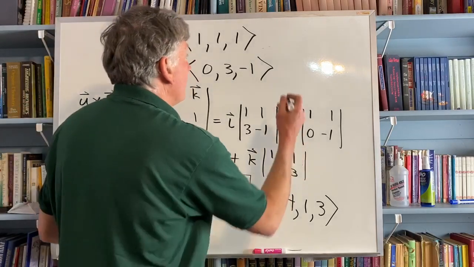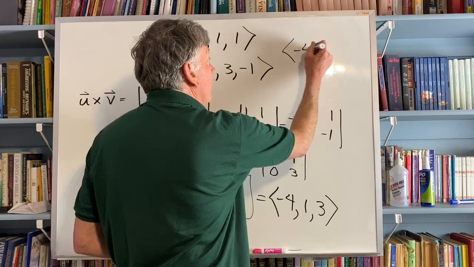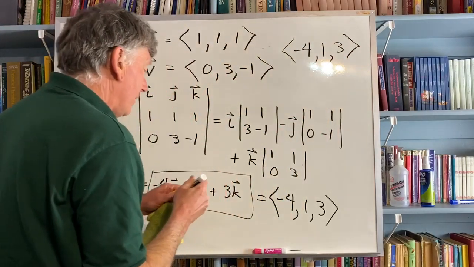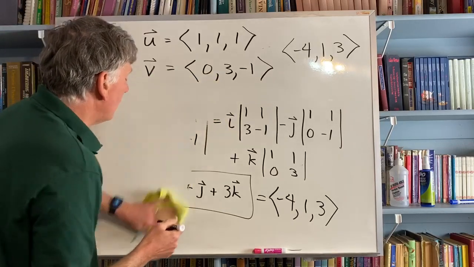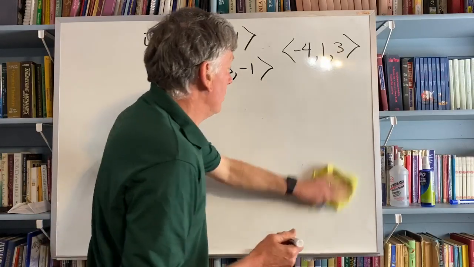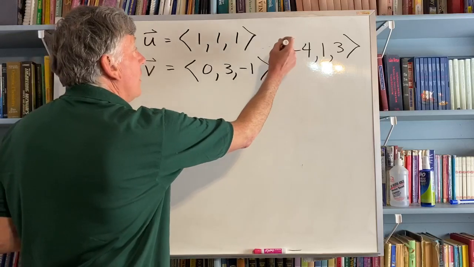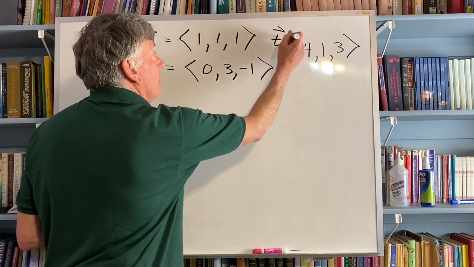So I'm going to write this third vector here, minus 4, 1, 3. I'm going to erase everything else and do the dot product. Let's call this one the vector t.